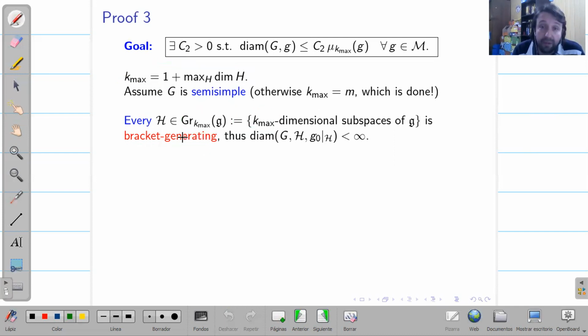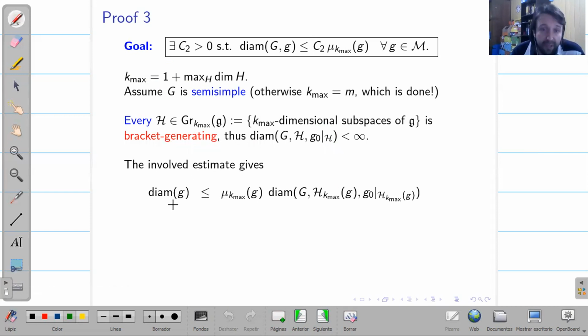But remember, because it's bracket generating, by Chow's theorem, the diameter of any sub-Riemannian structure, like the one we put here, is finite because you can join any 2 points by a horizontal path. Okay. So the involved estimate gives us this: the diameter of G is less than or equal to this term.